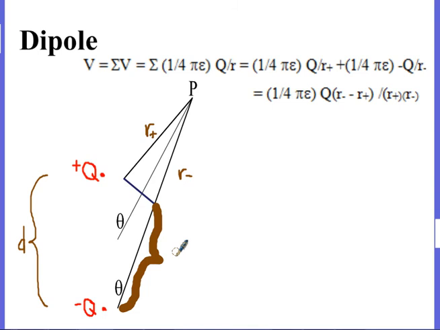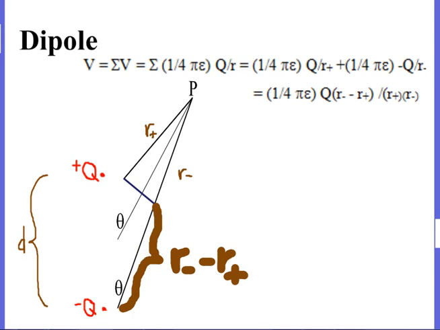That distance there is going to be r minus minus r plus. My apologies. That this distance minus that distance is going to be this distance, the difference in the two is going to be that one there.